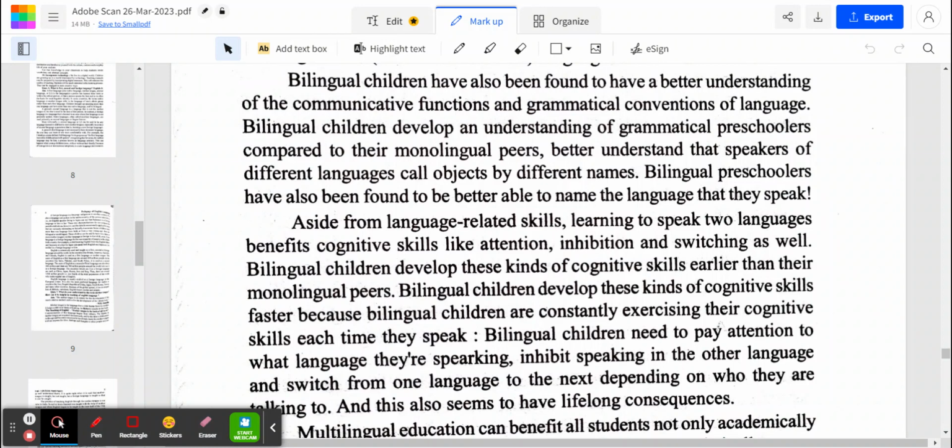They need to pay attention to which language they are speaking, inhibit speaking in the other language, and switch from one language to the next, depending on who they are talking to. And this also seems to have lifelong consequences.